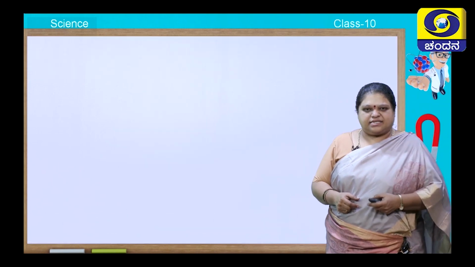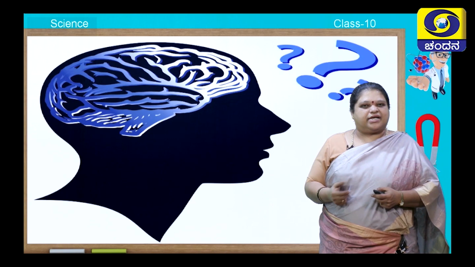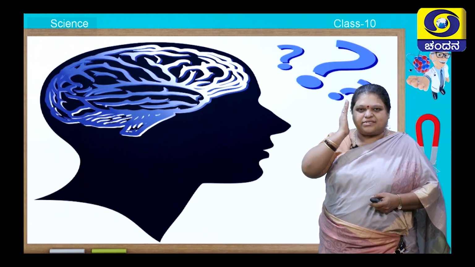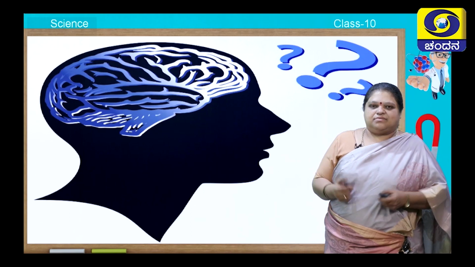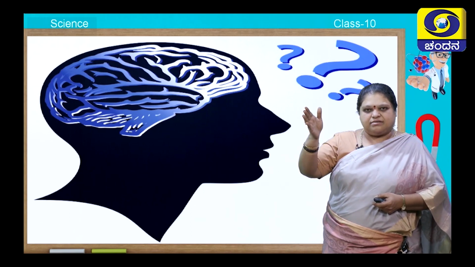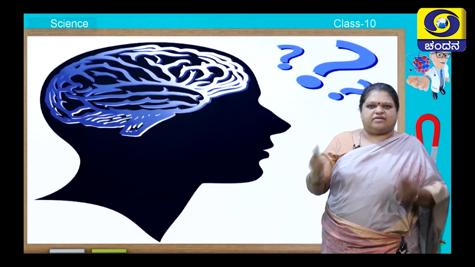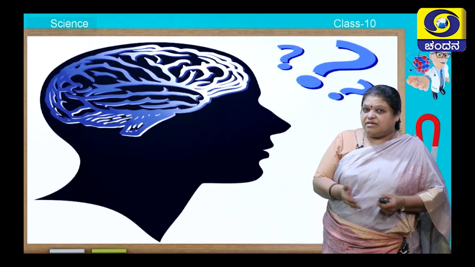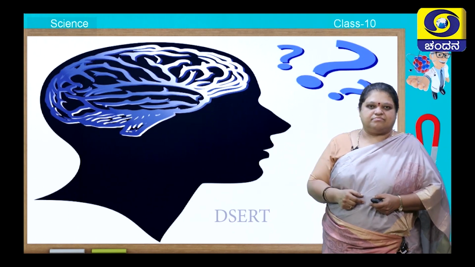Now, let us see what does this cerebrum do. Cerebrum is the major think tank of the brain. It helps in thinking, creating, calculating, memorizing, so many other things, discovering, identifying, inventing, everything is present in this brain.